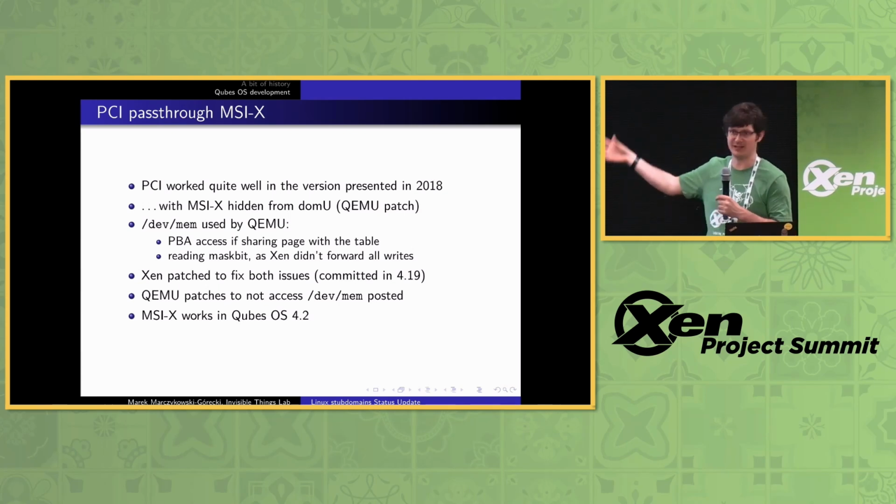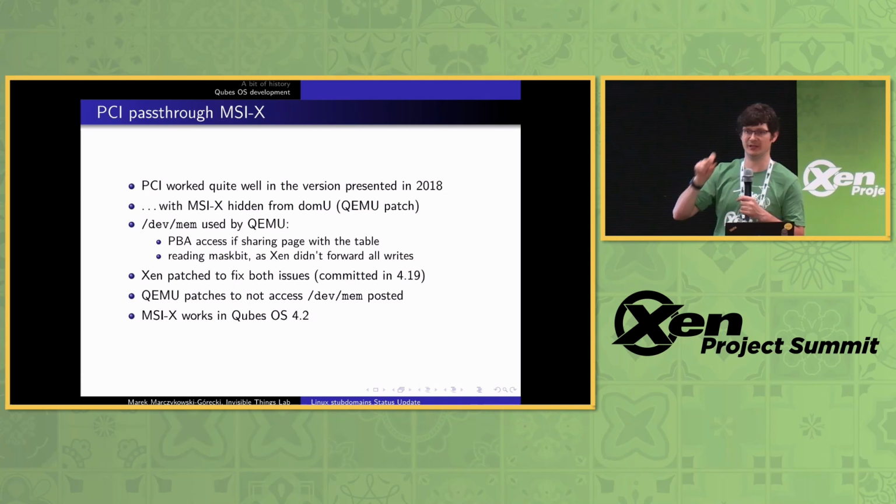So QEMU used devmem to read that. So we also changed Xen to allow guests to read this area, and we could get rid of QEMU opening devmem at all. The patch changes to Xen are committed. Patches to QEMU to actually use this change are posted.